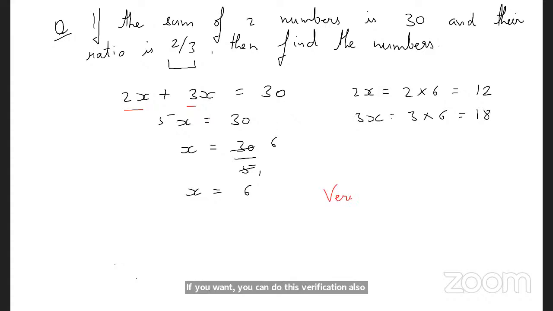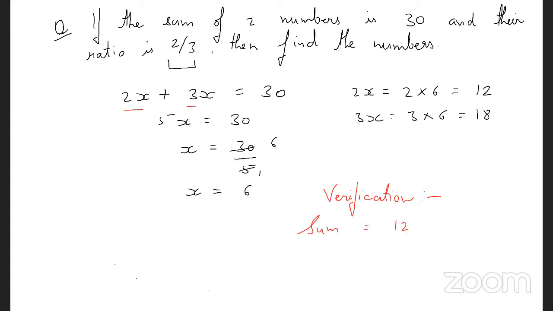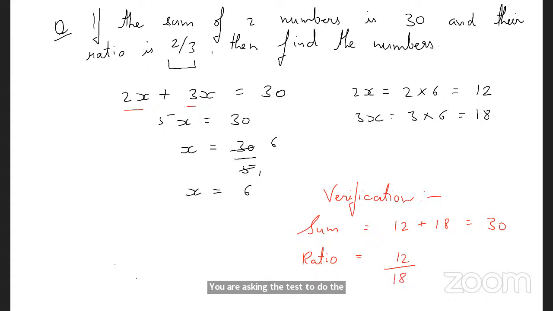Sometimes the question may ask to do the verification. Ma'am, when you are given the ratio and the proportion, in the paper you were given the ratio 1:4, and you said the person needs 25 kgs.